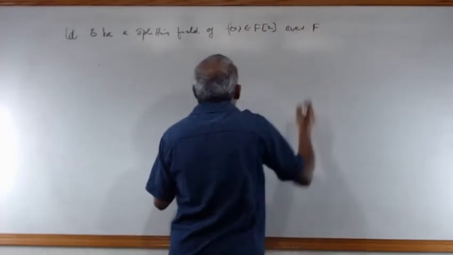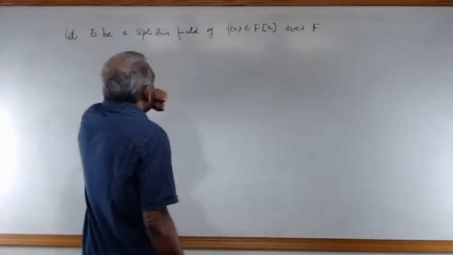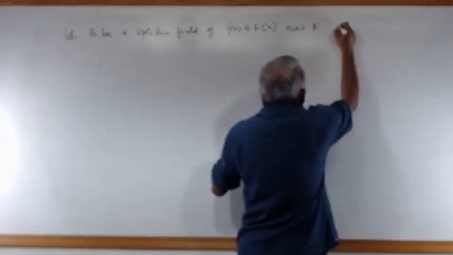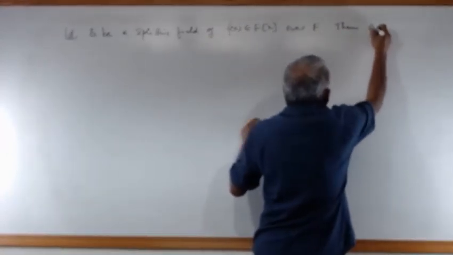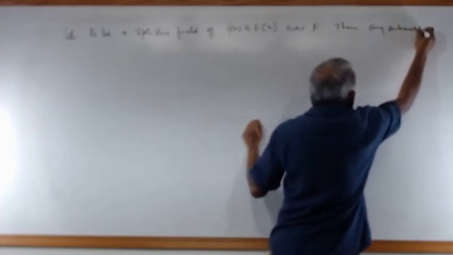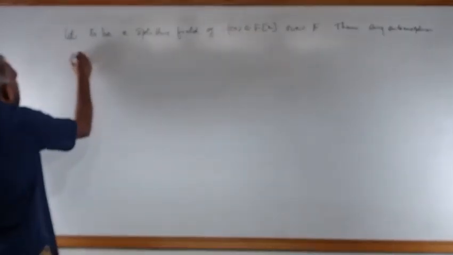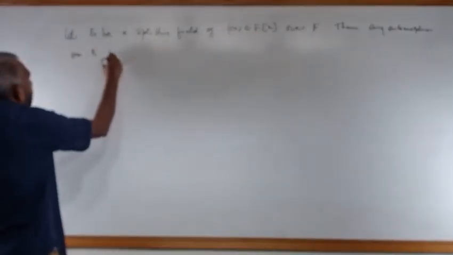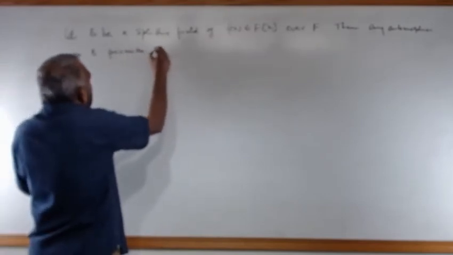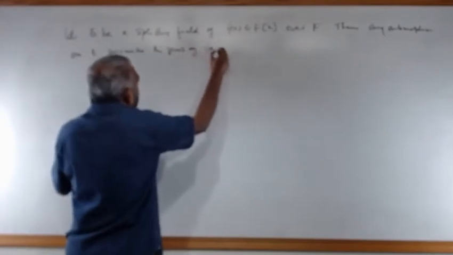Let E be a splitting field of F. Then any automorphism on E permutes the zeros of f of x.